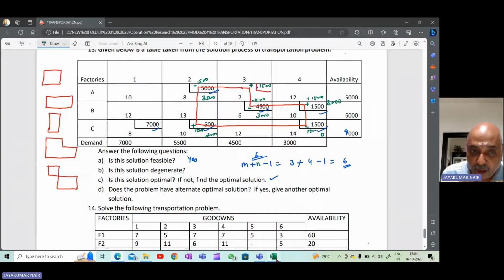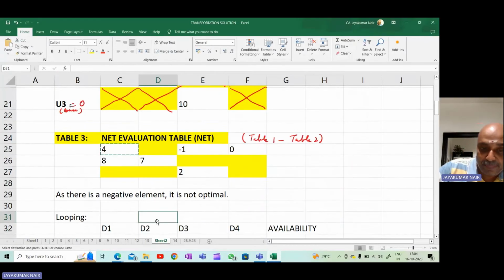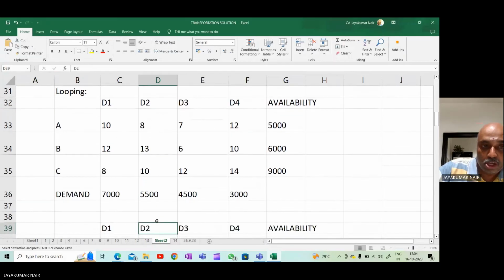So again, we will copy this table. We have made the looping. So what did we understand? To this cell, we will be allocating 1500. Here it will become 3500, and here it will become 2000. This will become empty; there is no allocation here.